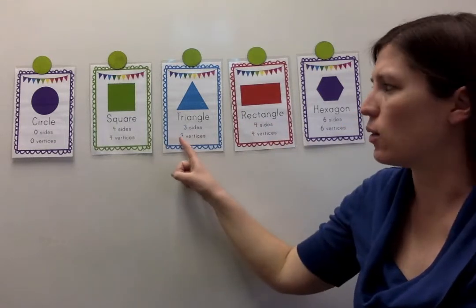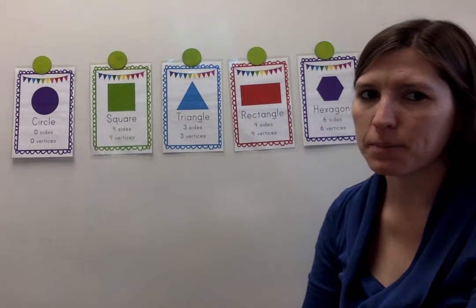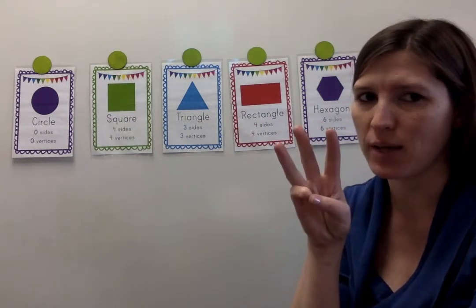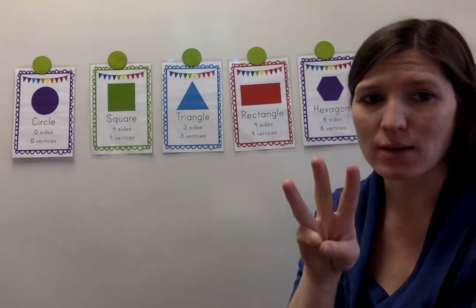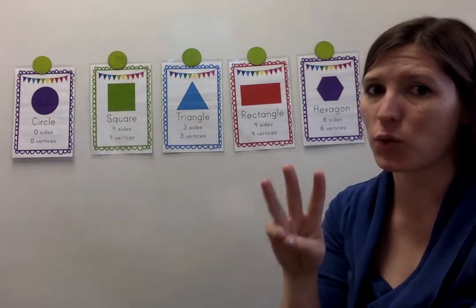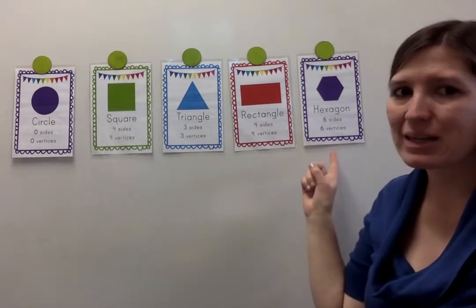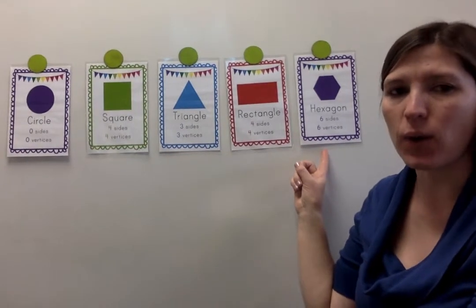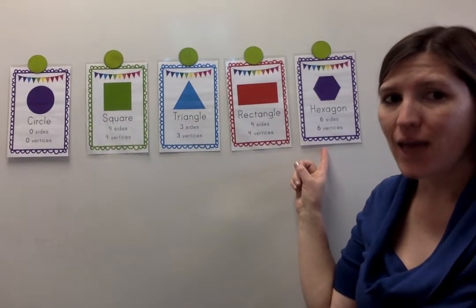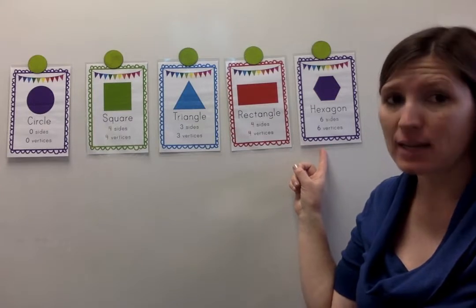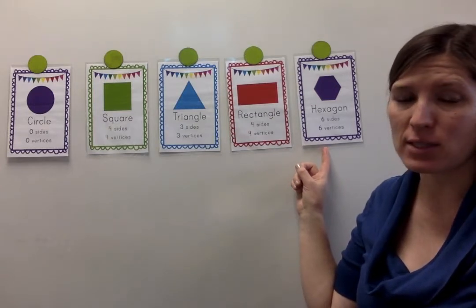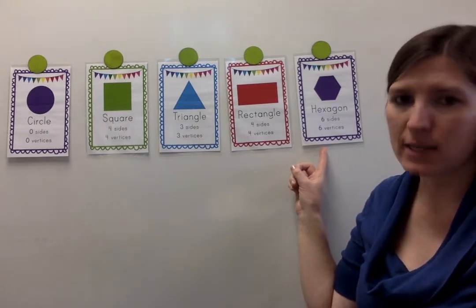How about triangle? What does tri mean? Tri means 3. So how many sides does it have? 3. 1, 2, 3. What about a hexagon? What can you tell me about a hexagon? Hex means 6. So how many sides and vertices does it have? 6.